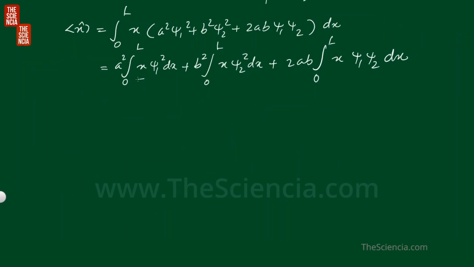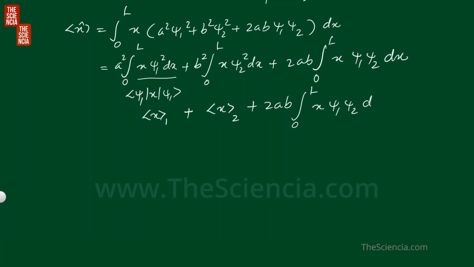The first term is nothing but the expectation value of x in the state psi 1, that is, psi 1 x psi 1 in Dirac notation, and above is the integral form. Again we get the expectation value of x with respect to wave function 2, plus 2ab times the integral of x psi 1 psi 2 dx.